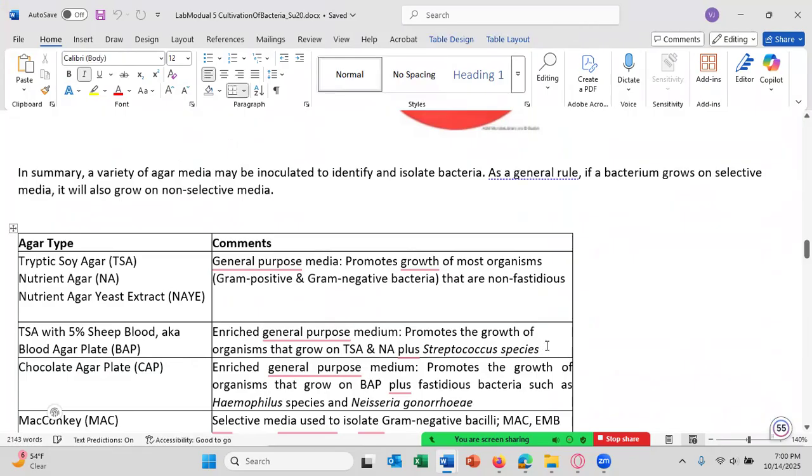So let me make a note of that. Then I'll try and get that done after the lab.